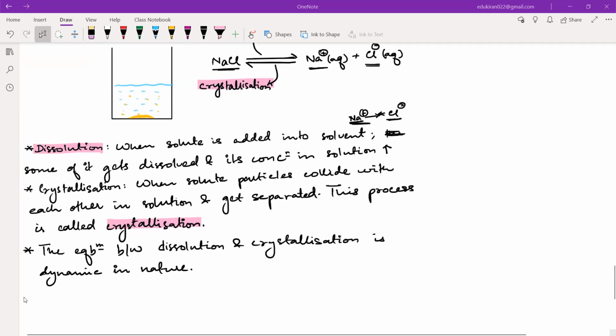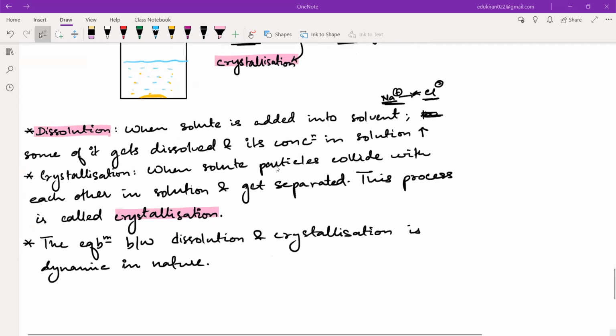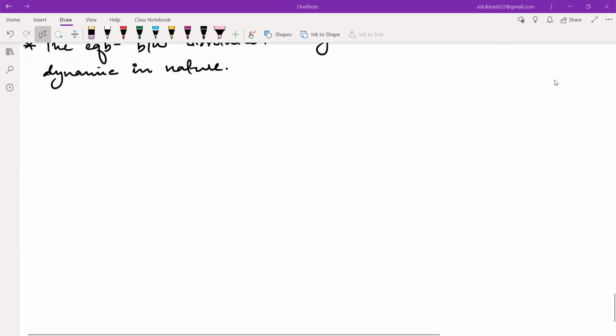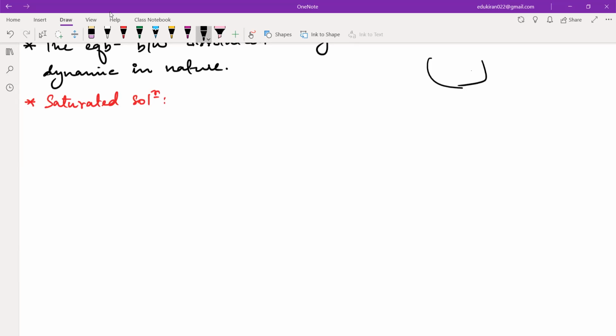Now, next thing is there are 2 more definitions that you have to learn, and I think you already know these 2 definitions. That is saturated solution and unsaturated solution. So a solution in which... all of you know now what is a saturated solution? Yes or no? Please tell me. Yes, sir.